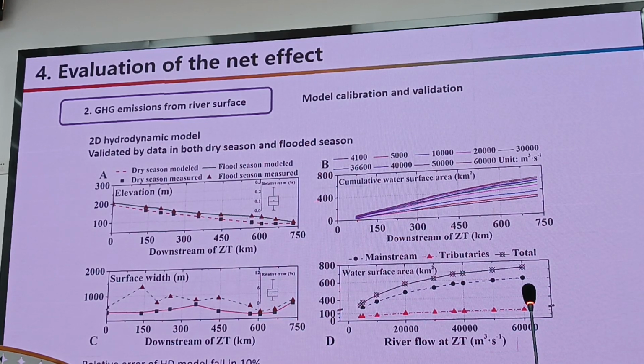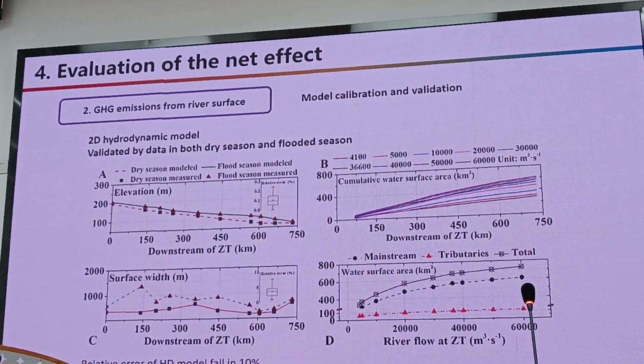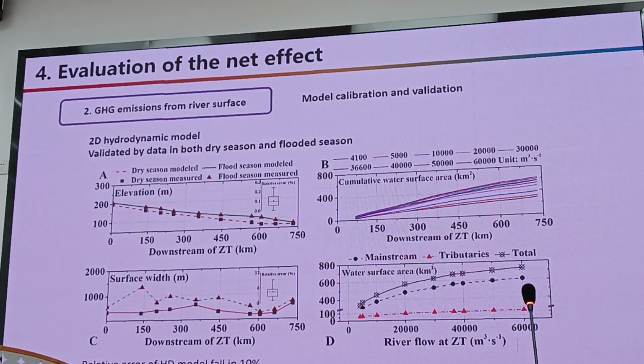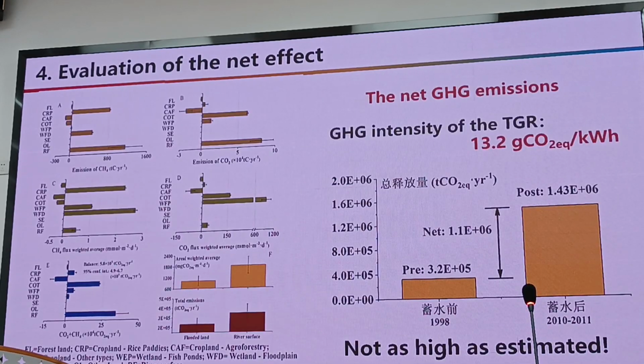We calibrated the water surface area, evaluation, surface width, different kinds of evaluation with the downstream and the river flow. So for hydraulic modeling, it's easy to obtain such kind of evaluation. And these are the data from the different types of land use before the impoundment.